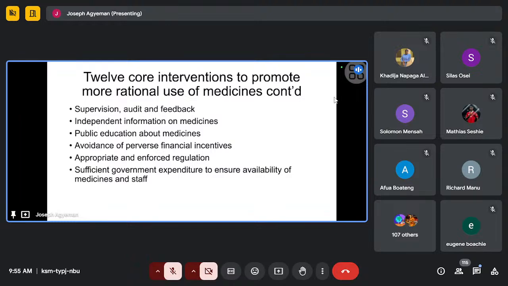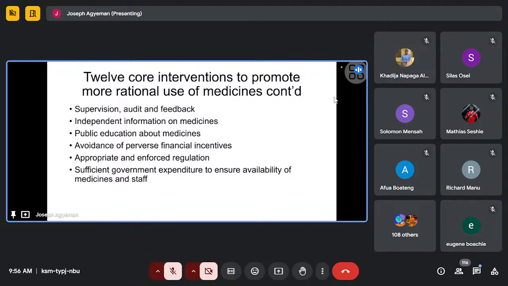The drugs are supposed to be available, so the government should make the necessary commitment to make the drugs available. If the drugs are not available, you lack access to them. If you chance upon anything at all, you don't have any choice than to use it. If you don't hire more staff, for some job that about 10 people are supposed to do, you go there and you have just 2 people doing it. They will be stressed and a lot of problems will occur.